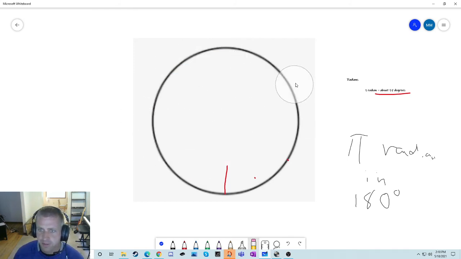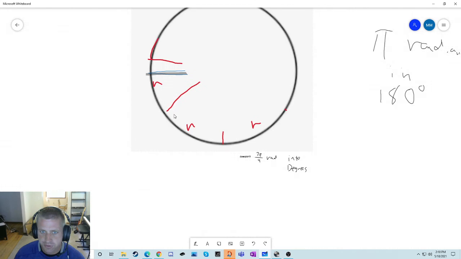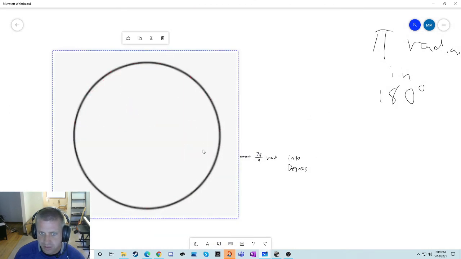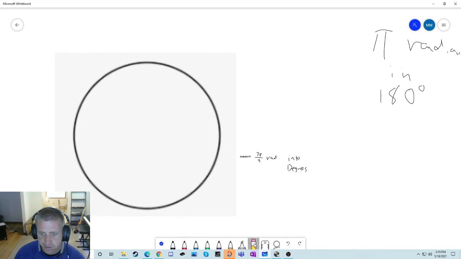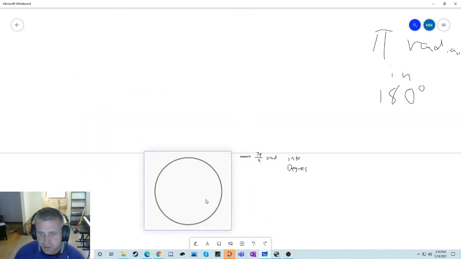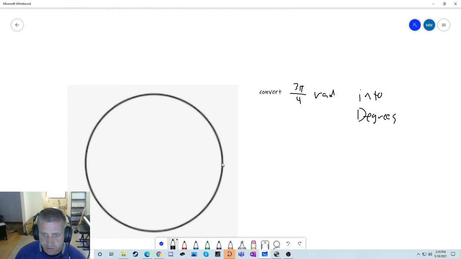Well, a lot of the ways people describe radians, because it's almost hard to visualize radians the way I drew them. What's easier to do is, if you know that this is 0 radians, this is pi radians.